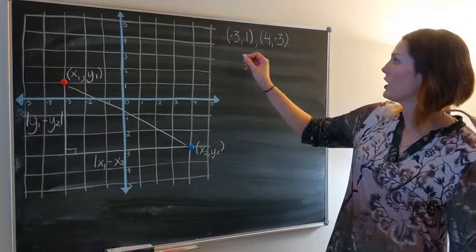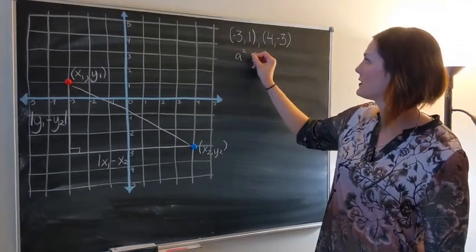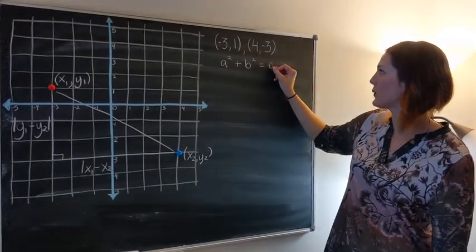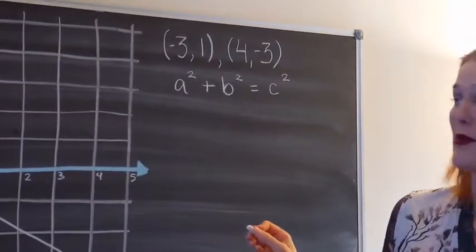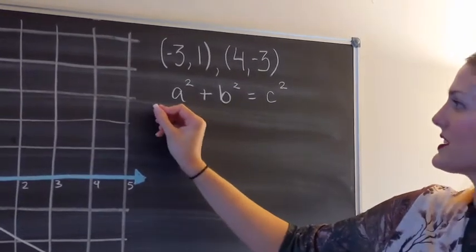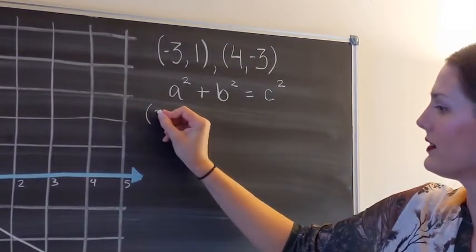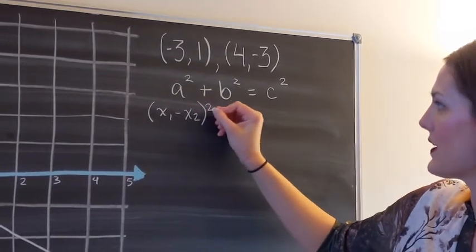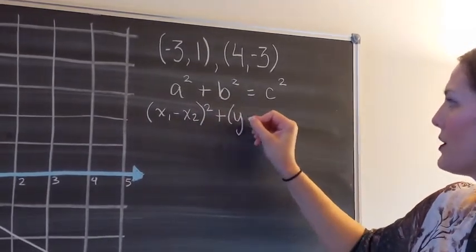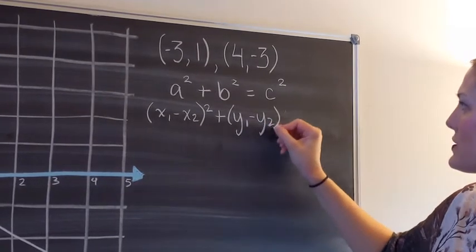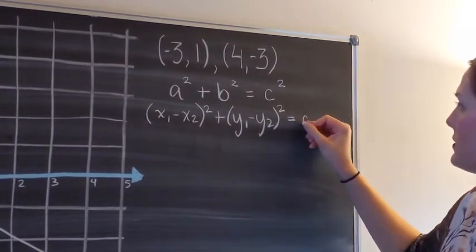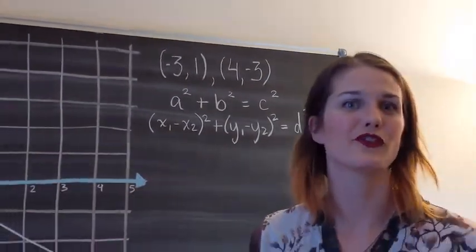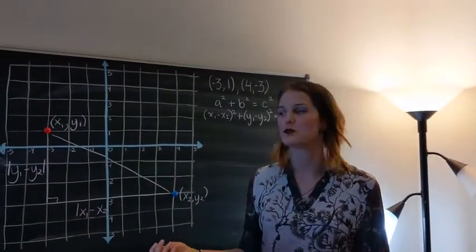Now, if we recall from the Pythagorean theorem, the sum of squares of our 2 legs is equal to the square of the hypotenuse. So in this case, our 2 legs are x1 minus x2, so we can square that, and y1 minus y2, so we'll square that as well. And I'm going to call the hypotenuse now d for distance, since we're trying to find the distance between those 2 points.